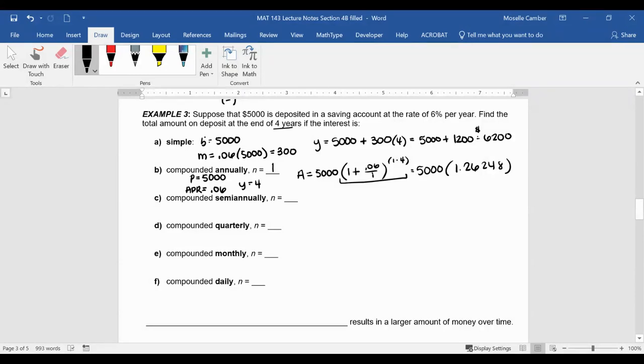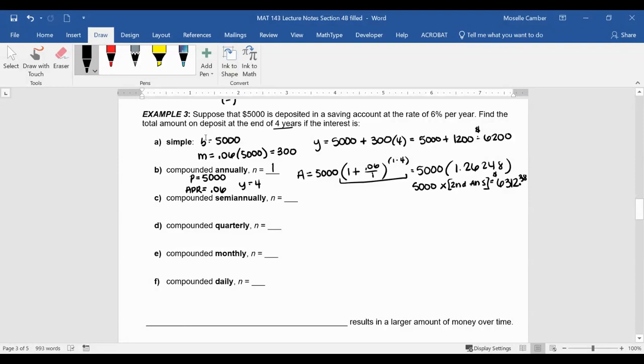And then I'm going to type in 5,000 times second answer. So I do 5,000, the times button, your second button, and then the answer, and enter, and you should get 6,312.38 rounded. So for compounding annually, you get $6,312.38 at the end of 4 years.